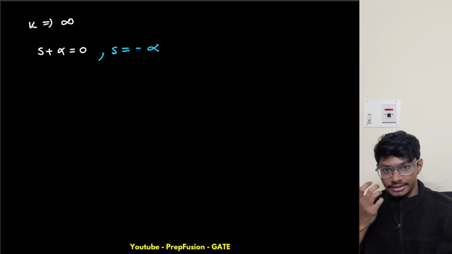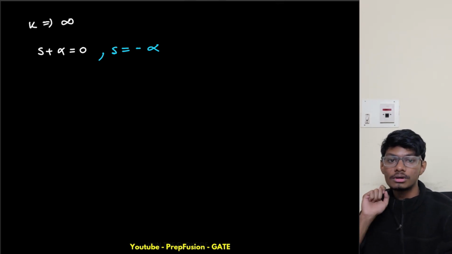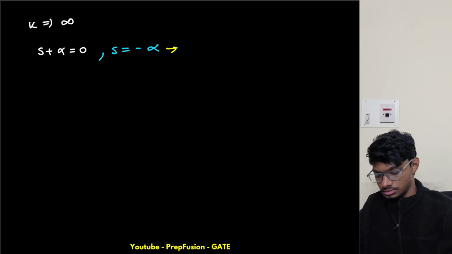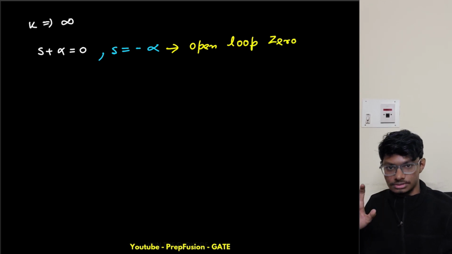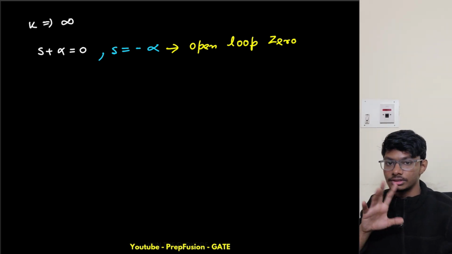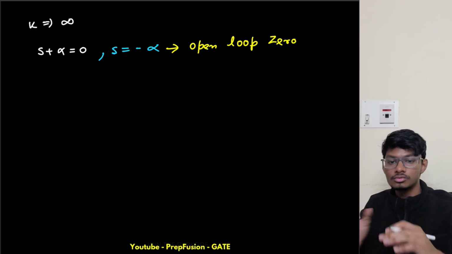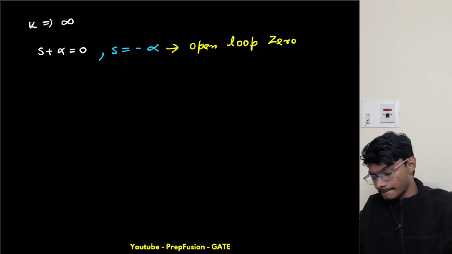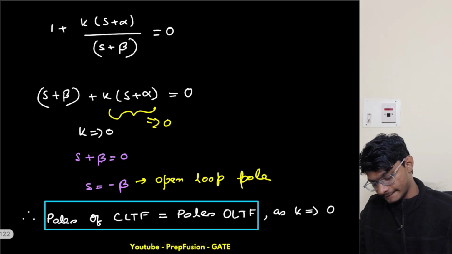If s equals minus alpha, what does this mean? What is alpha? Alpha is my open loop zero. So if my k tends to infinity, then my root locus, or the closed loop poles, go to the open loop zero. Hence, what can we infer from here?